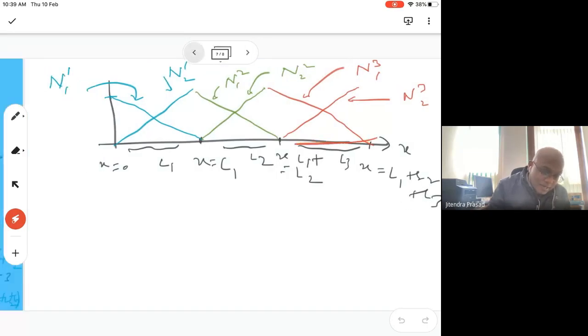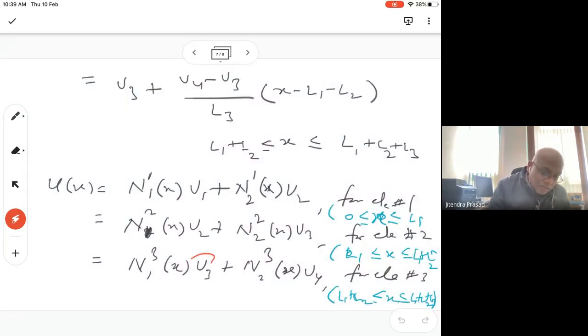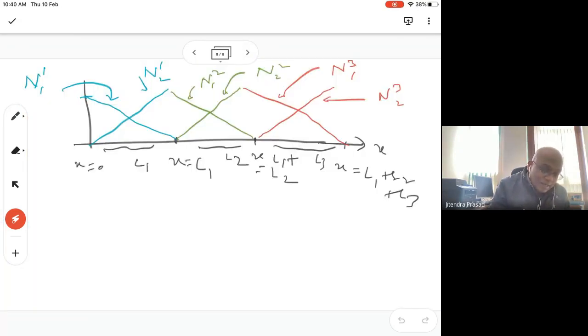And here it is saying u3 multiplied by N3,1 and u4 multiplied by N3,2.